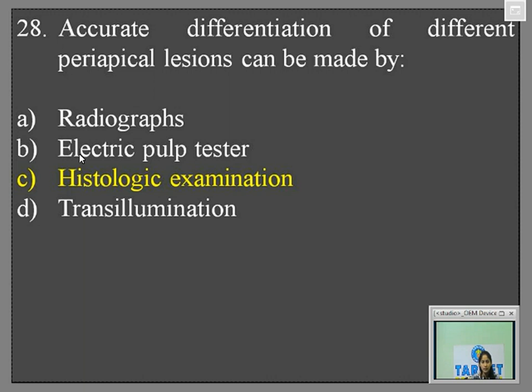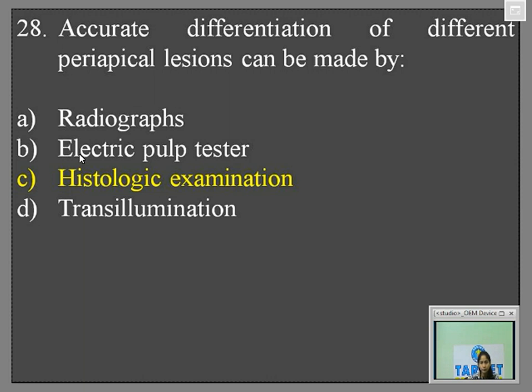The 27th question is basically based upon your slope technique, that you can imagine a premolar which has a facial root and a palatal root. Now if I take an X-ray tube head and if I want to shoot an X-ray of a premolar, if I take the X-ray tube head on the mesial side, on the IOPA what I will see is that your palatal root is seen on the mesial side of the X-ray and the facial root is gone onto the distal side.